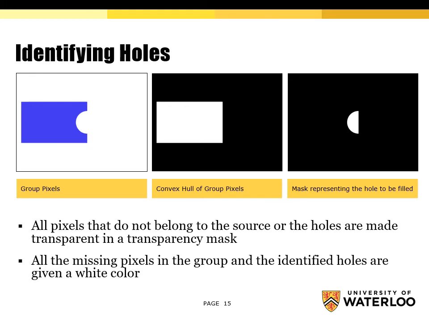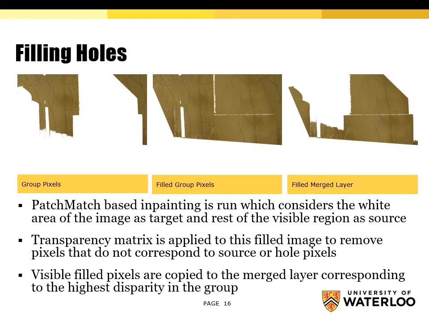So typically the first image that we can see is what we'll be using for inpainting. The first image here contains all the pixels that belong to one of the groups of an image in a Middlebury dataset. Now this image is input into the patch matching algorithm, which considers all the white regions of the image as a hole and fills them up.